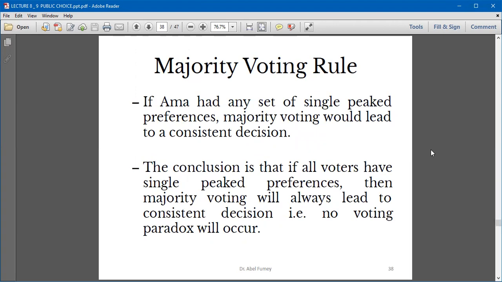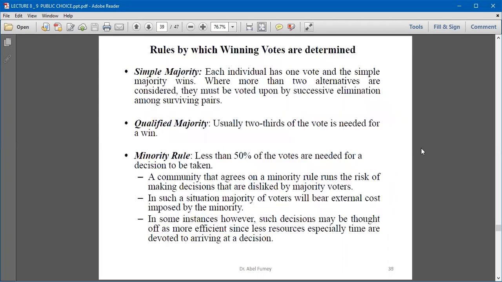Assuming Amma also had single peak preferences, then you get an ultimate outcome without encountering the voting paradox. So for us to prevent the voting paradox, we need to make sure that all the voters have single peak preferences.